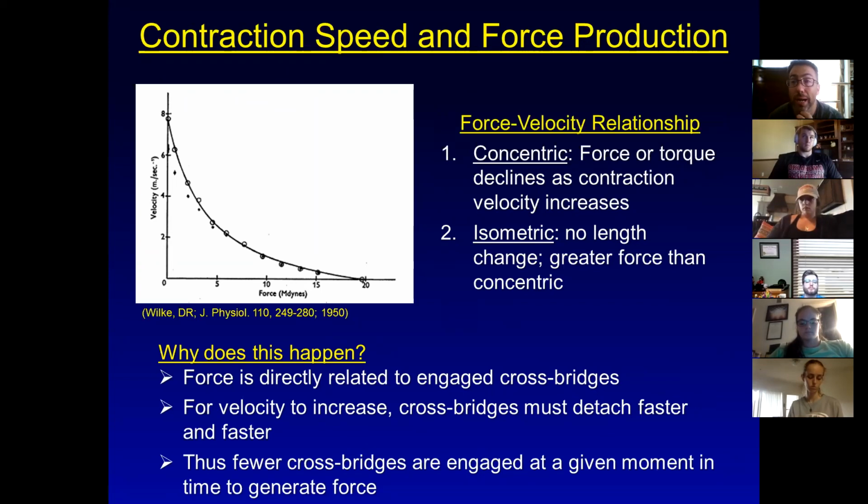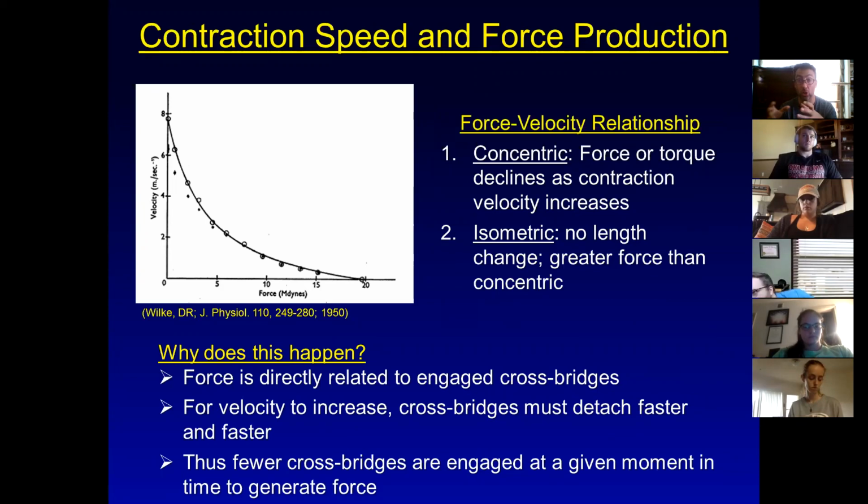And so, again, this goes a little bit back to physics on some things. And so what we're going to look at then is that when you are doing a dynamic contraction, when there is movement, okay, at any given instant in time, you have a certain number of cross bridges that are actively engaged in a muscle, generating force.